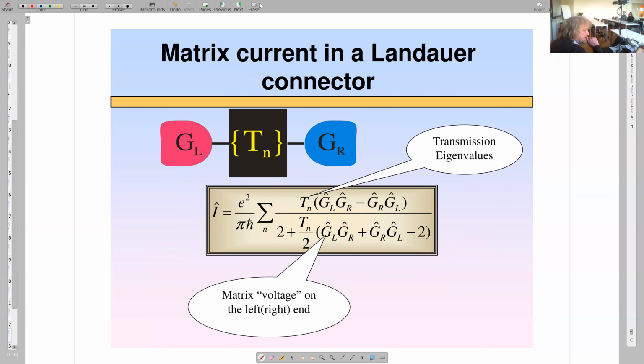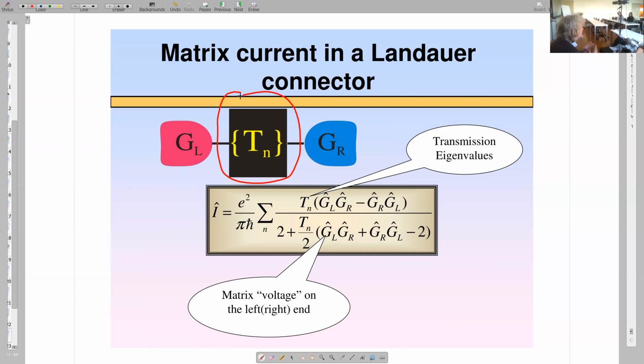Another element is the following. We are treating nanostructures as we have learned that everything quantum transport knows about a nanostructure is a set of transmission coefficients, right?